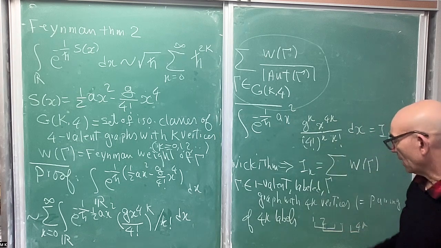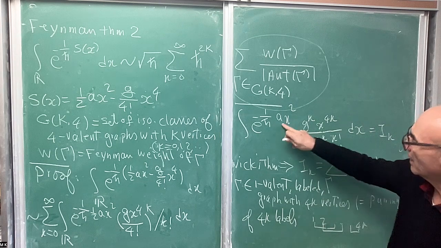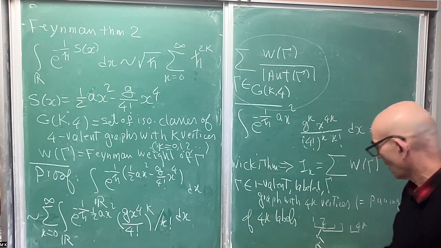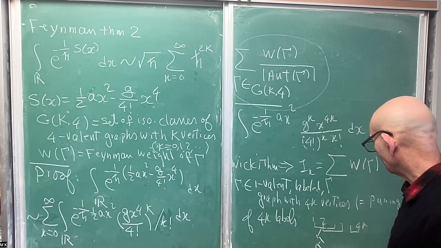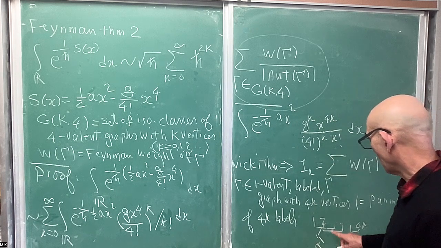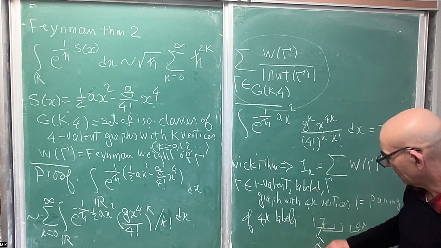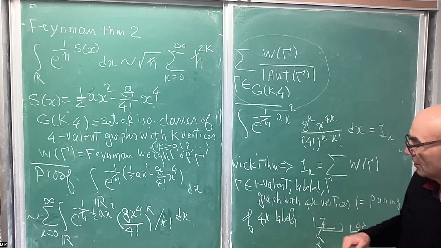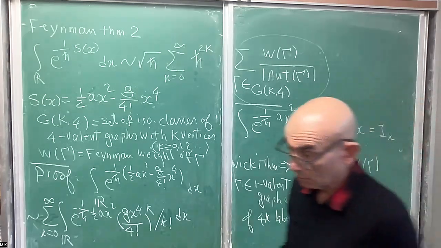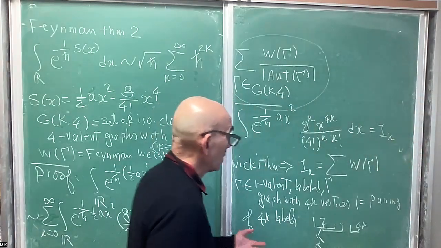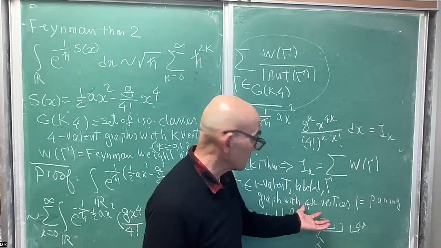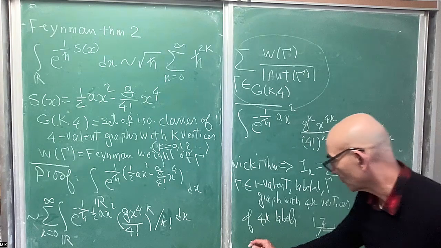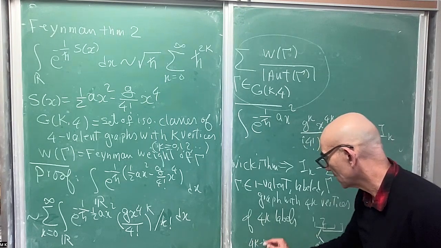And for each pairing, we put this number, A inverse here, and then there is this G also. So we just multiply all these things. Now the point is that this is a huge set. It has (4k minus 1) double factorial elements, as you can count.